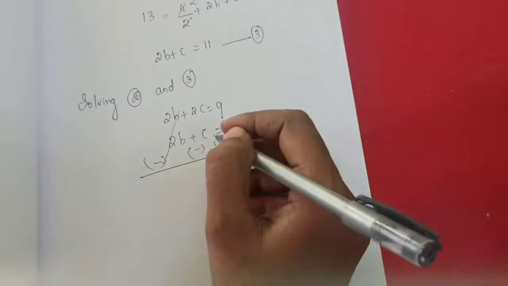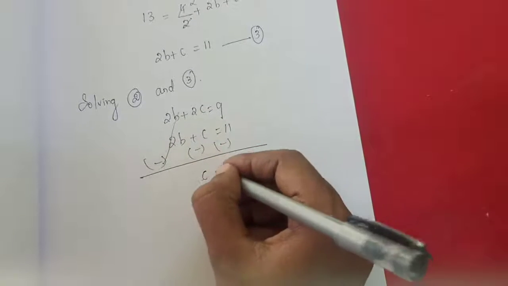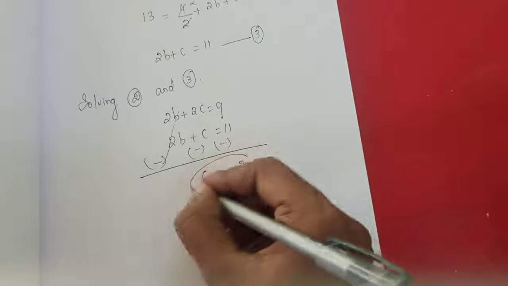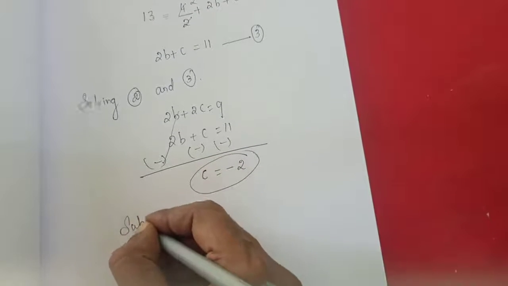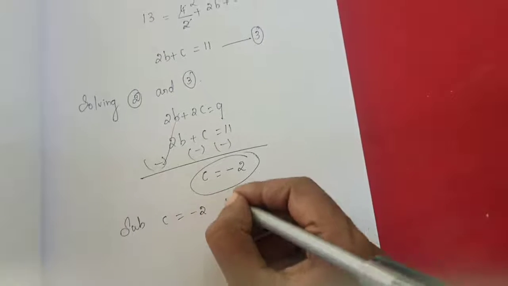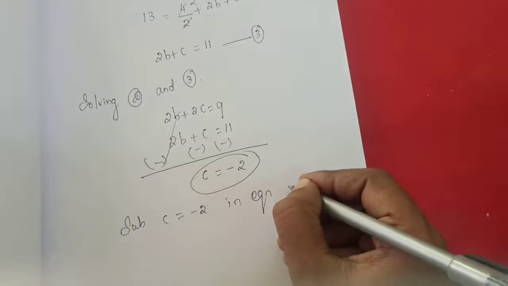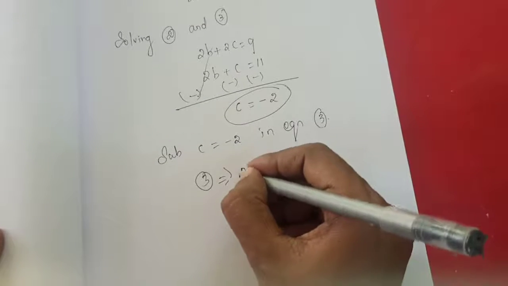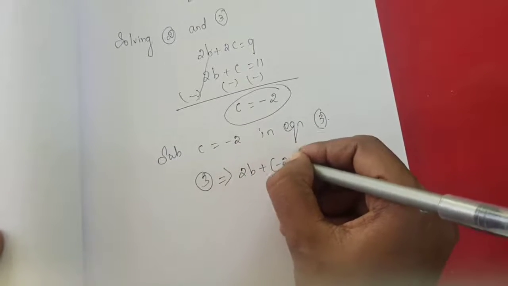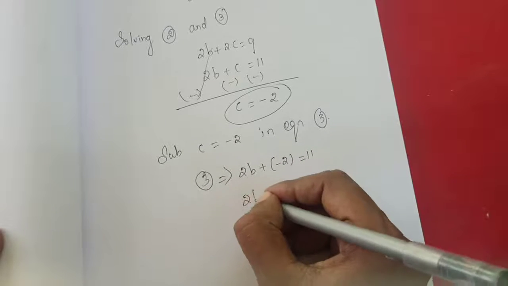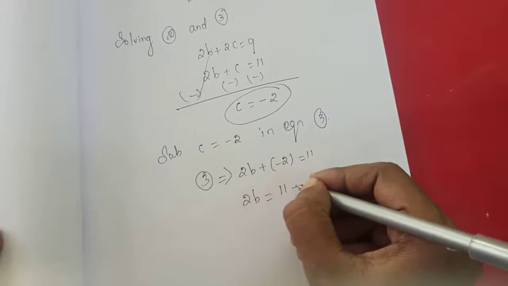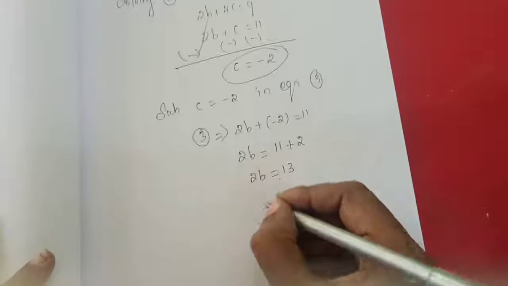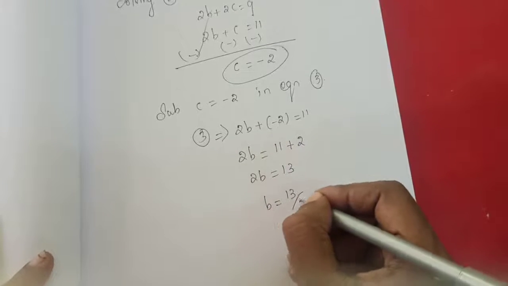So this will get cancelled. 2c minus c means c equal to minus 2. So you got the value of c as minus 2. Now substitute c equal to minus 2 in equation number 3. So 2b plus c, that is minus 2, equal to 11. So 2b is equal to 11 plus 2, so 2b is equal to 13. So b equal to 13 by 2.